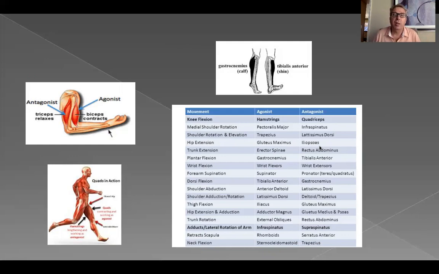I think most of these you should be familiar with. Some of these are smaller muscles. The iliacus is a smaller muscle, and then you have your adductor and your abductor as well. And this is gluteus medius and psoas, right?